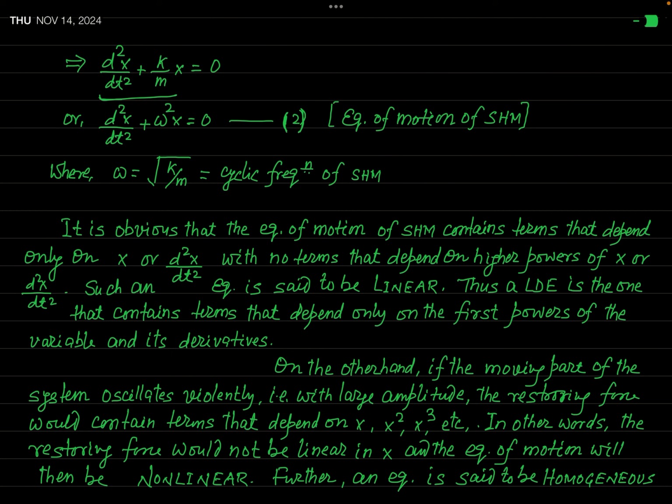In fact, this k over m is replaced by omega square. Already you have discussed these things earlier, I am just repeating them. And this omega, which is the square root of k over m, is called the cyclic frequency or the angular frequency of this harmonic oscillation.